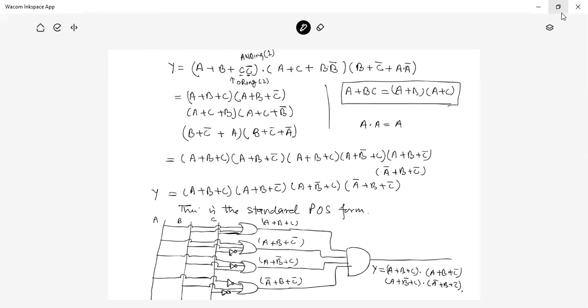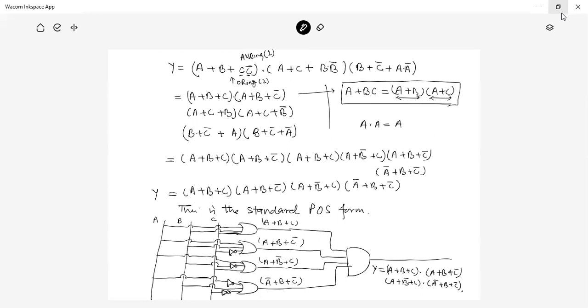Now, in these expressions, what we have to do is convert this expression A plus B, C into C bar. So C into C bar can be expanded as A plus B plus C into A plus B plus C bar. This can be obtained from this step. Here we have A plus BC. A plus BC can be expressed as A plus B into A plus C, as in the earlier case.